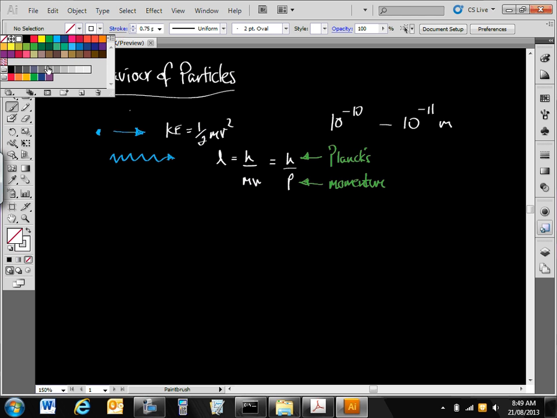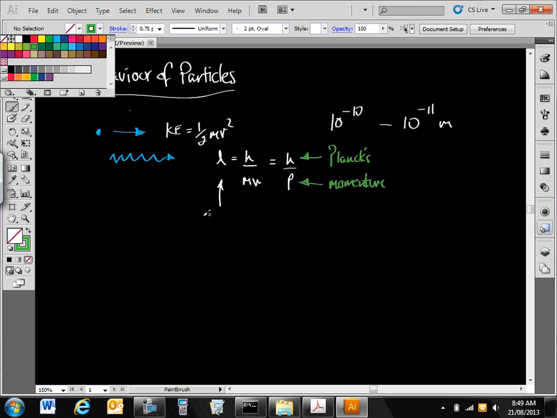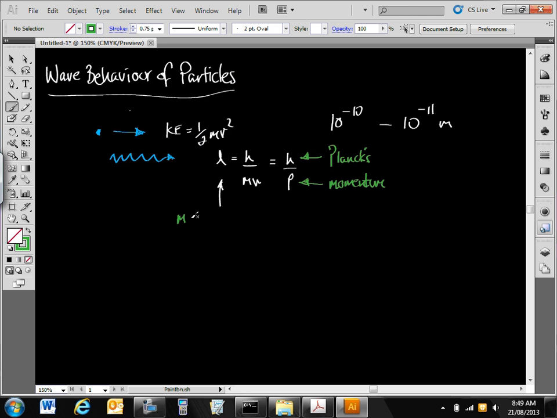So essentially what we're saying is that matter has a wavelength. Wave behavior of particles, wave behavior of matter probably sounds better. Matter has a wavelength.